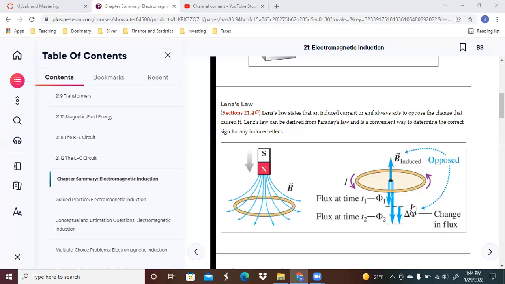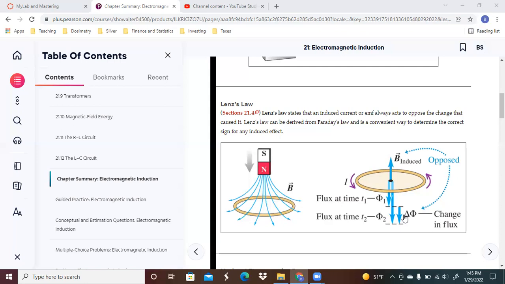Because of that, there's going to be a current induced in this particular ring. And that current that is induced is going to basically resist or push back against the changing flux that we saw this way. The magnetic field produced from this current is going to resist that change in the magnetic flux.